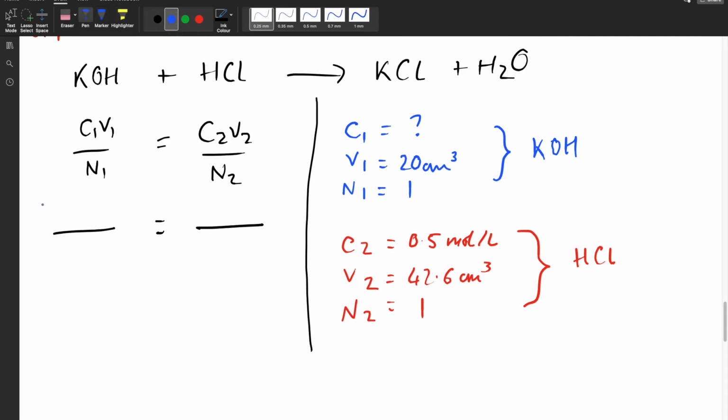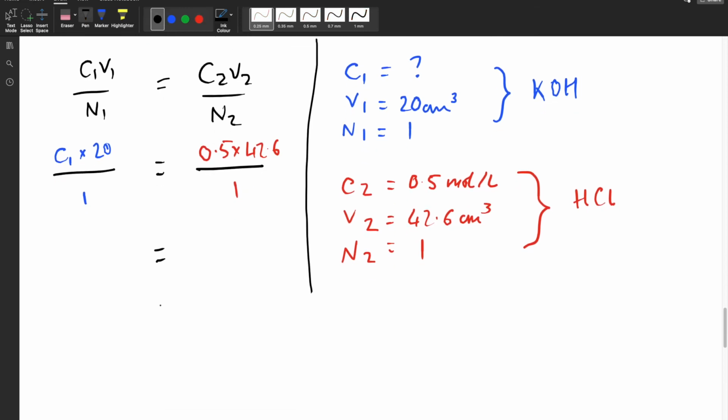So let's start off with our ones in blue, our C1. We don't know what C1 is, but we do know what V1 is. That's 20, and we do know what N1 is, that is 1. For our two values for our acid, we know them all this time, so that would be 0.5 times our 42.6, all divided by 1.